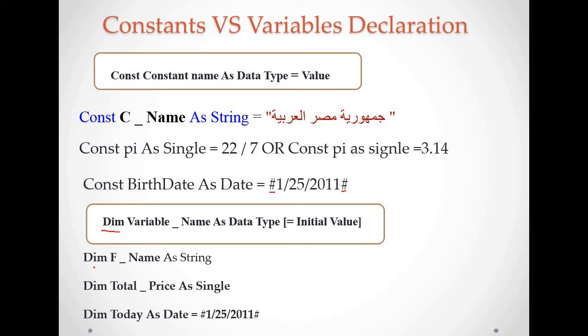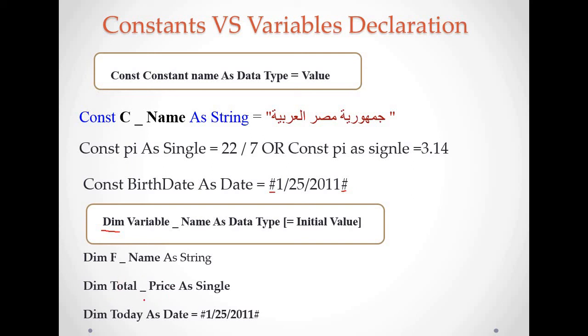So here in this one, for example, Dim. So this is the declaration for the variable, and then the variable name, and after the word As, we put the data type. The data type here is String, so the value given by the user is a text, but we don't know the value because it's a variable. Also this example, Dim, then to declare for the variable, then total price.